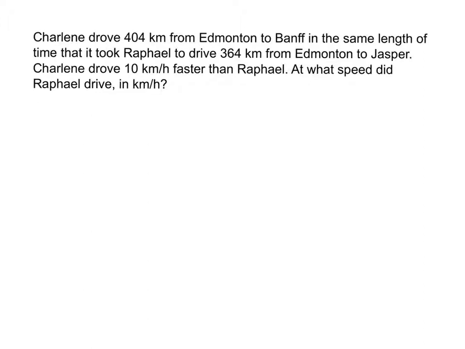So first thing we're going to think about is what will our variable be? What will it represent? X. I don't really care what letter you use, but I do care what it's representing. What are we trying to find in this problem? Whose speed? Raphael's speed.